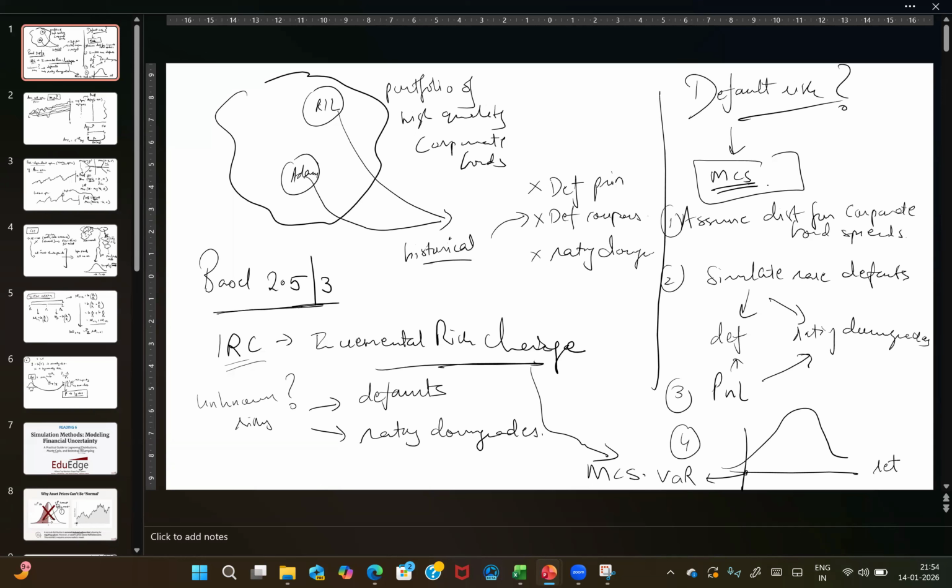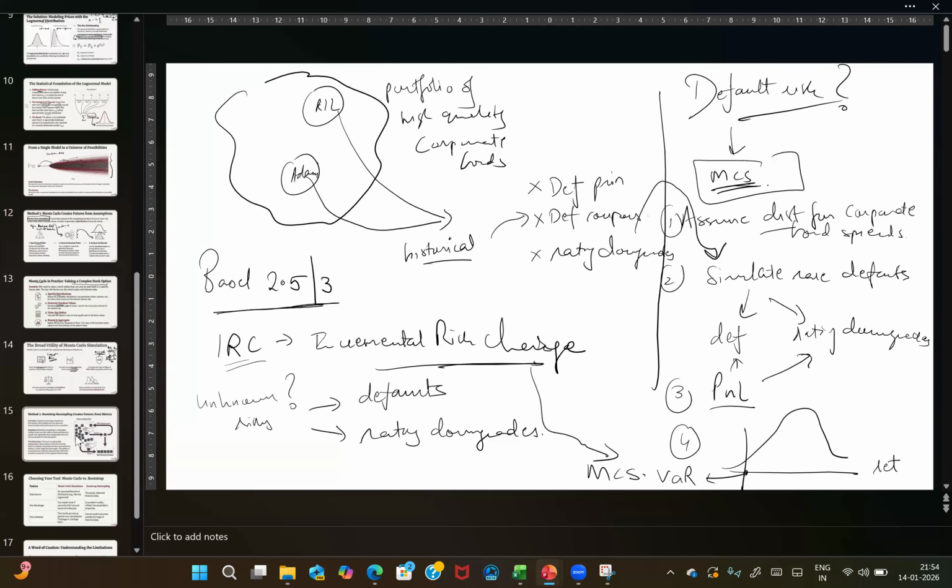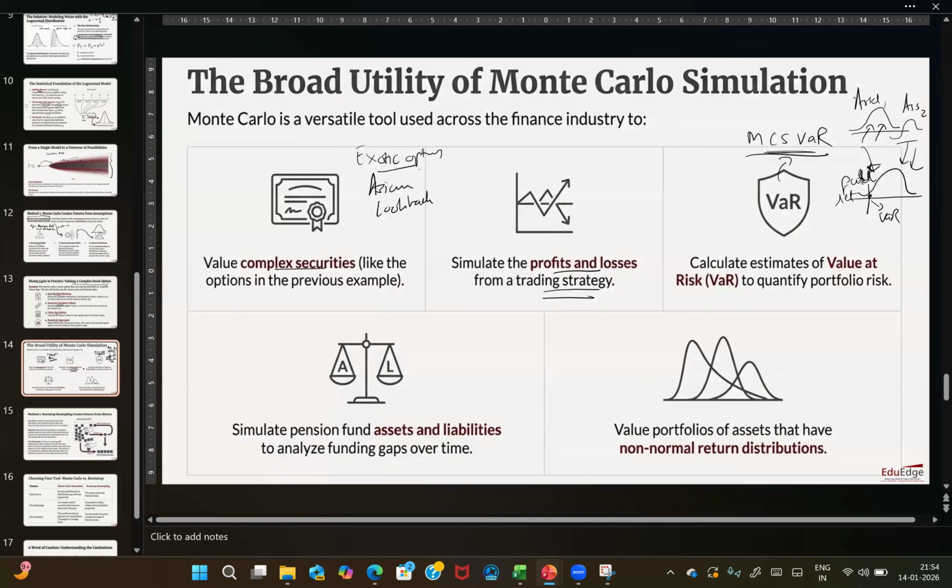Which means that you would need to simulate such kind of outcomes using Monte Carlo simulation by using certain distributions, calculate P&L, create the distribution of those P&Ls or returns, and then calculate the Monte Carlo simulation based value at risk. Yeah, so this is how it looks. So that's the application in risk management, and that is what we have written here.